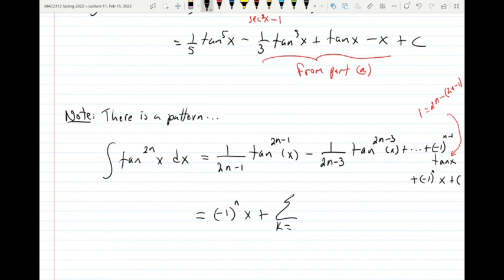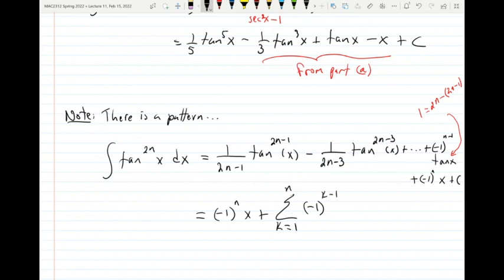So k going from 1 all the way up to, let's see, I will change this most likely. Then I want to say that I'm going to be alternating. I'm going to always begin positive.